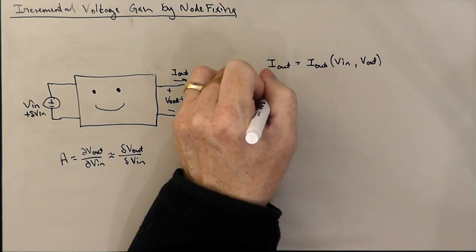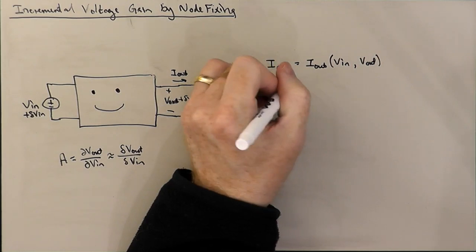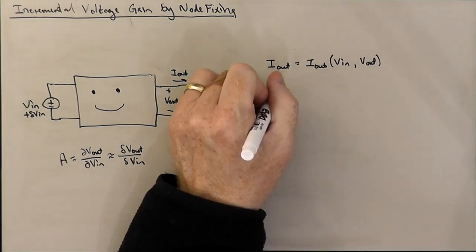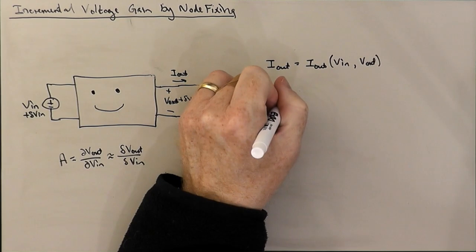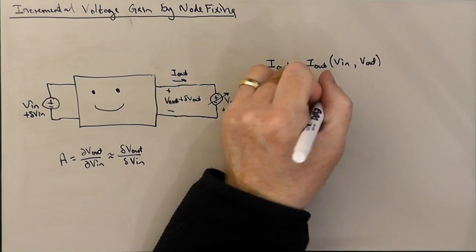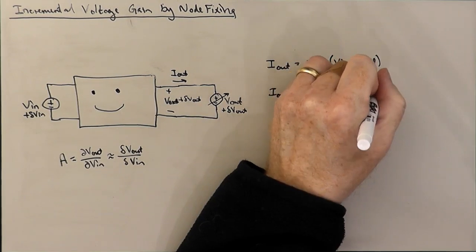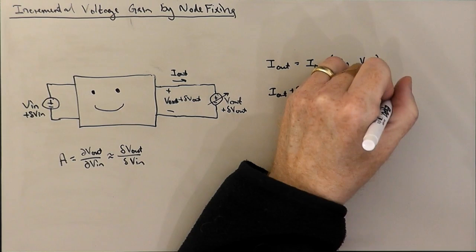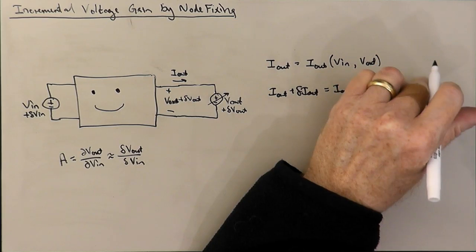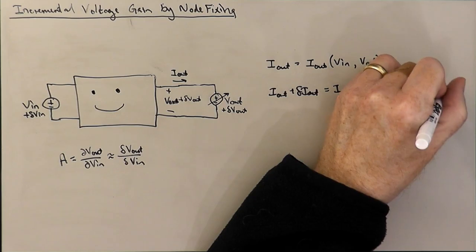So I out, we can say, I out plus delta I out is going to be I out of V in plus delta V in, comma V out plus delta V out.